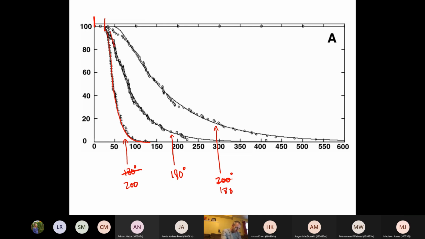For the next one, it follows this red line, and then the last one follows this red line. So if you ignore that initial delay, and the delay seemed to be longer for the coolest one, which is 180 degrees, they did try 170 as well, but didn't see any pops. So there's another one there that they didn't get to.